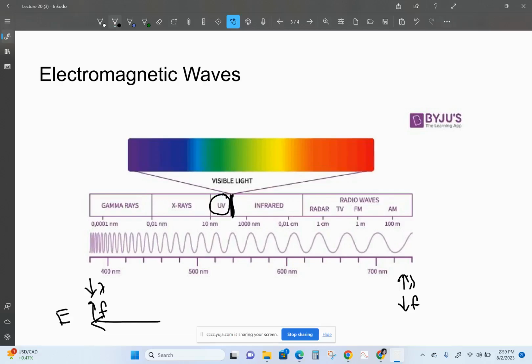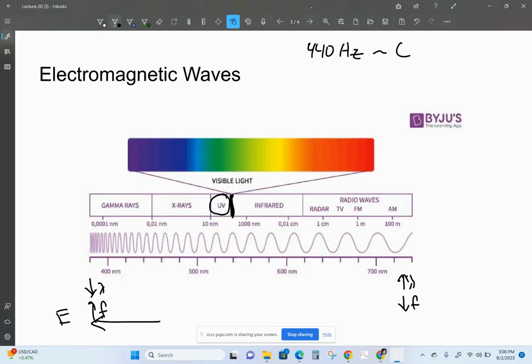Now, it turns out that the type of wave is not determined by the wavelength. Just like in sound, if you had a note of 440 hertz, that would be the note C. In light, the frequency in hertz defines the type of electromagnetic wave.